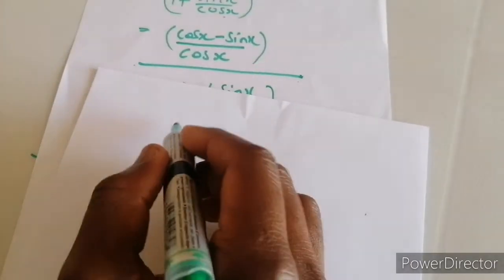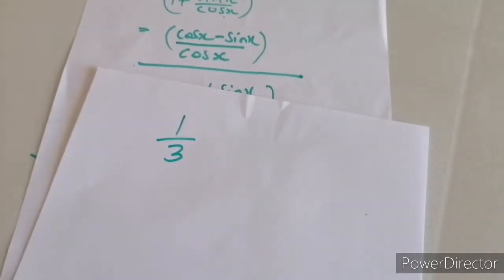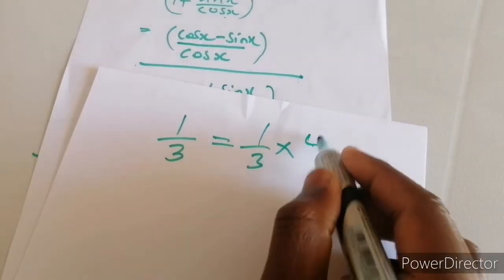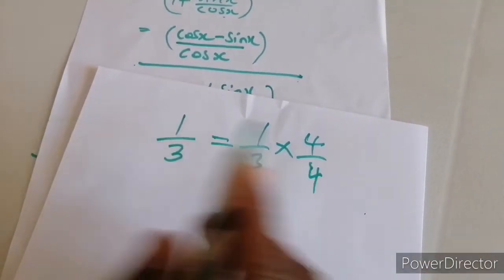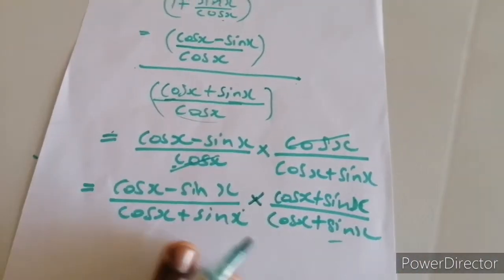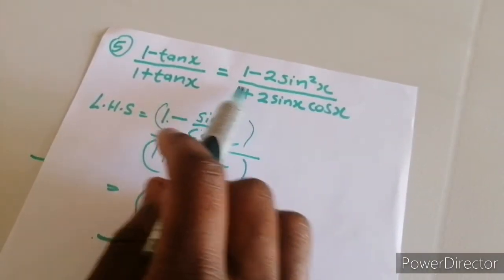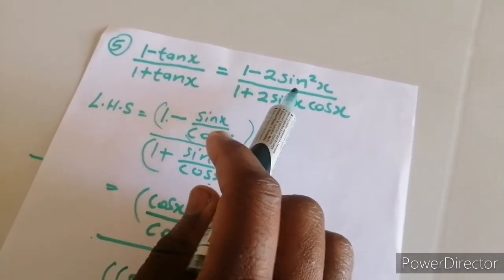Let's say we have 1 over 3. 1 over 3 is the same as 1 over 3 multiplied by, for example, 4 over 4. So that's what I did. But the aim of multiplying by this is to end up forming what is displayed on the right hand side.